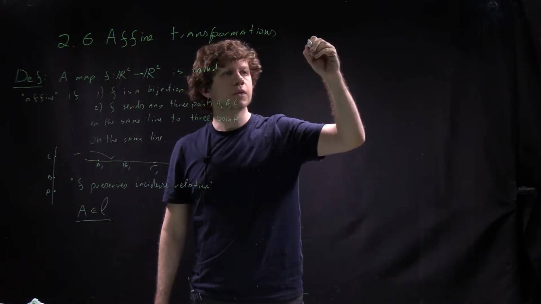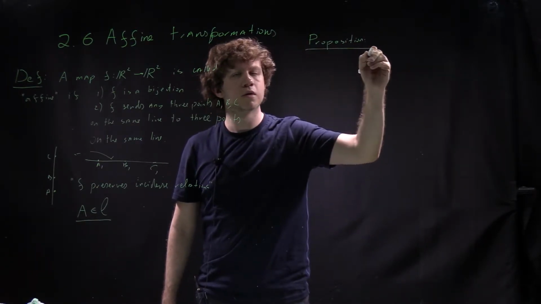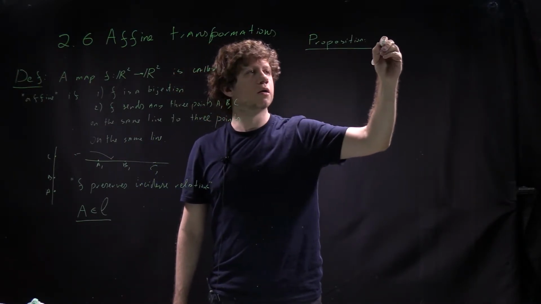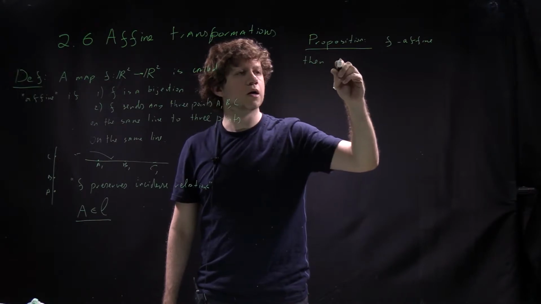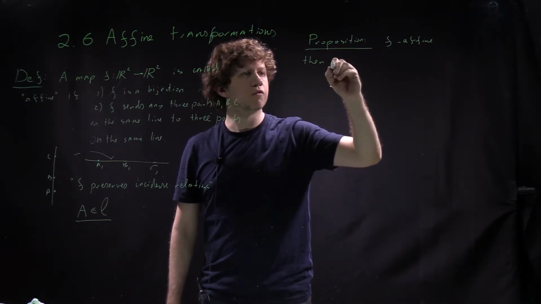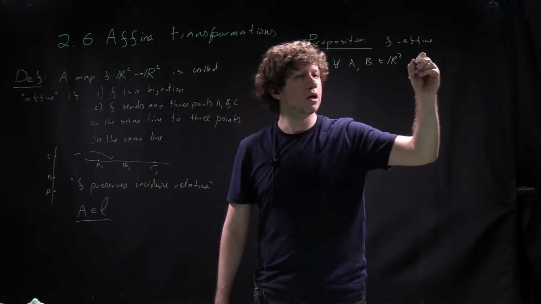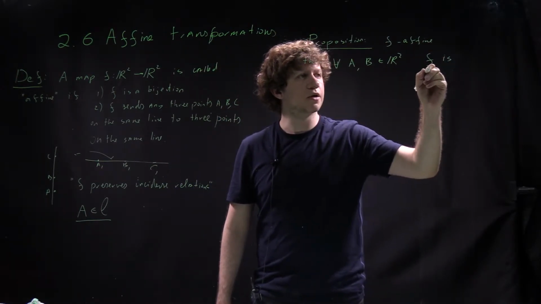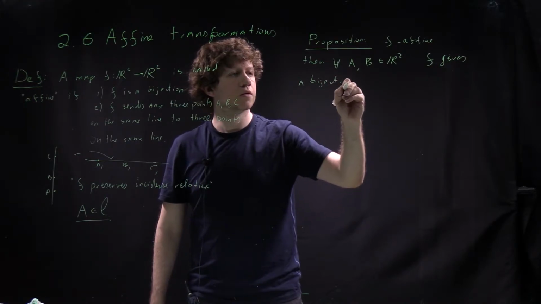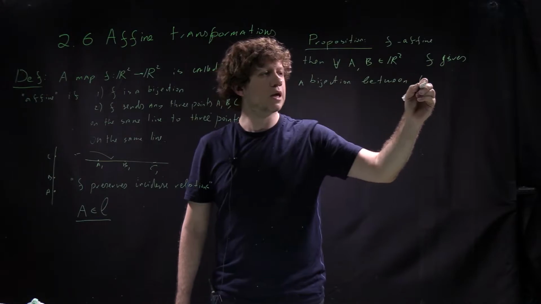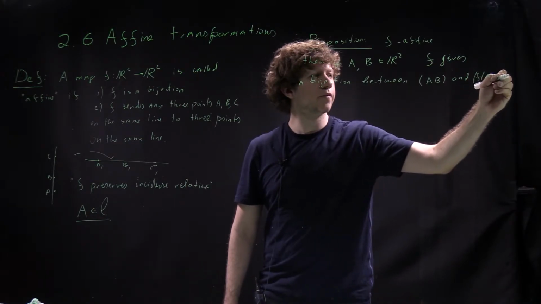Proposition: if F is affine, then for any 2 distinct points A and B in R2, F gives a bijection between line AB and line F(A)F(B).